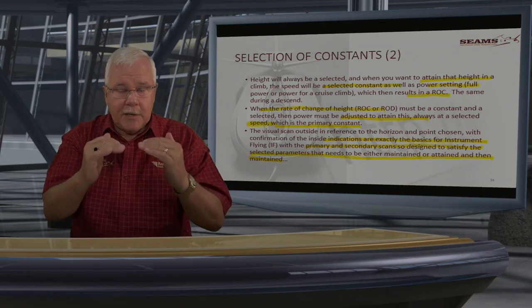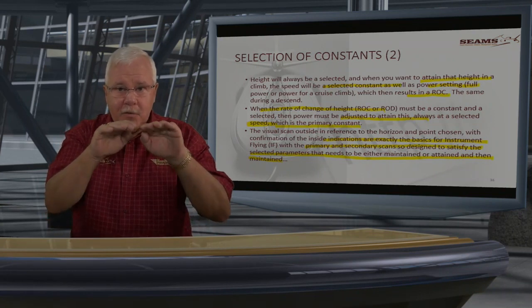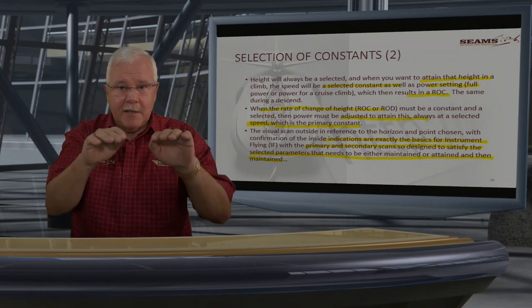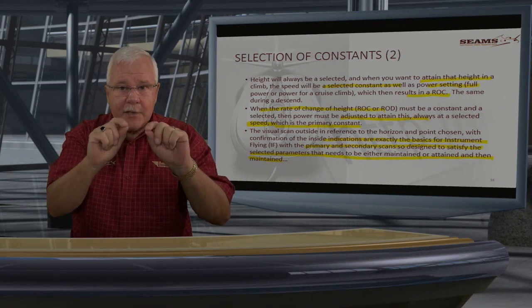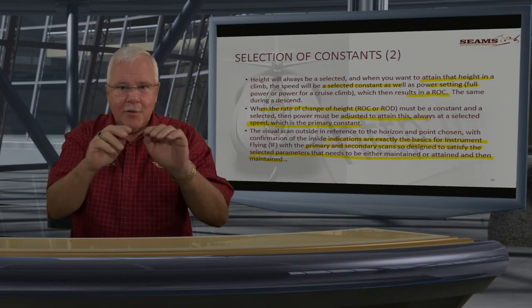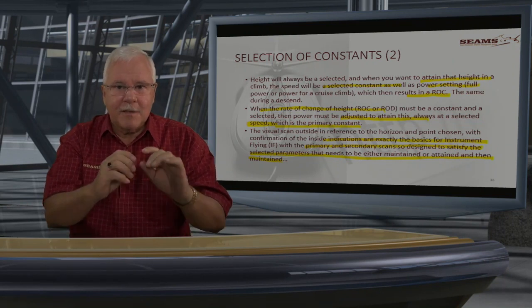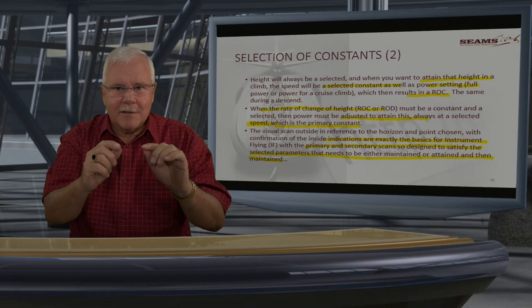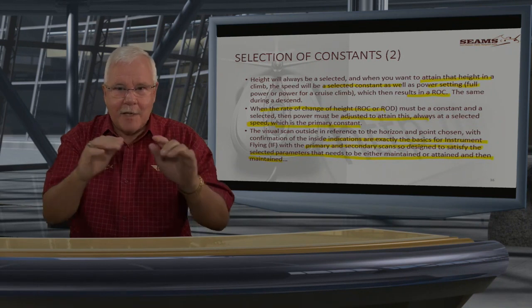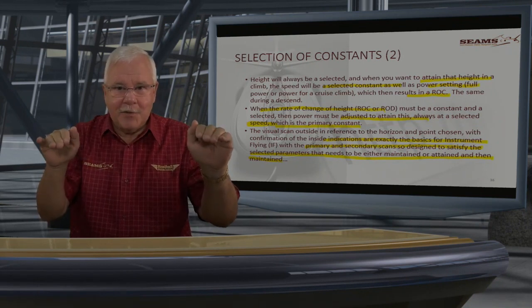Should we go onto instrument flying, then instead of using the big horizon outside, we're going to use inside the AH, artificial horizon. Same thing, just miniature. Outside I can see attitude, I can see bank.